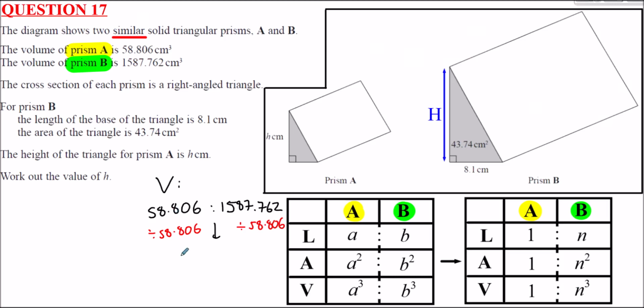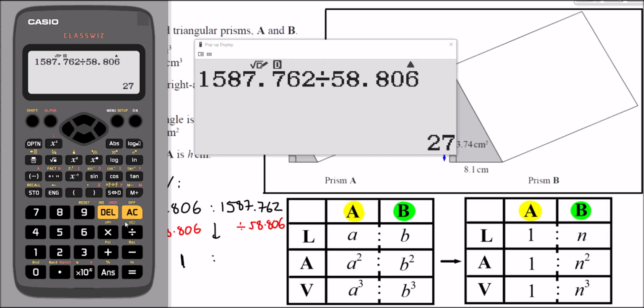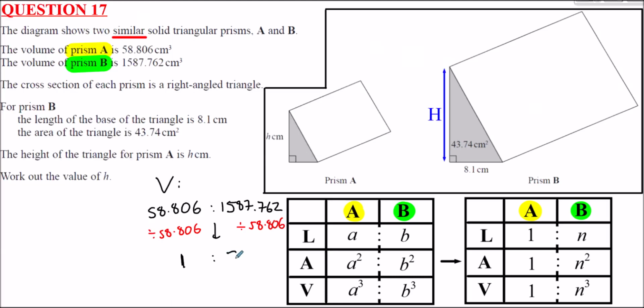So any number divided by itself gives 1, of course. Therefore, doing this value divided by 58.806, let's see what we get here. 1587.762 divided by 58.806 gives us exactly 27, which is quite nice indeed. So therefore, the volume ratio is 1 to 27.